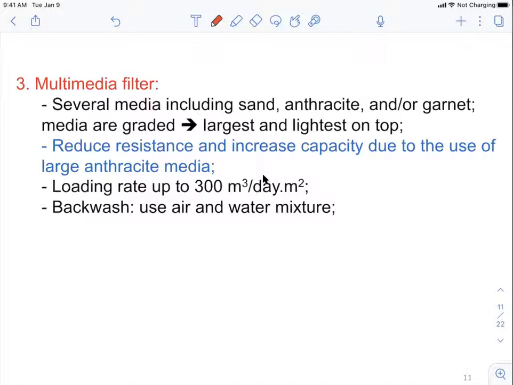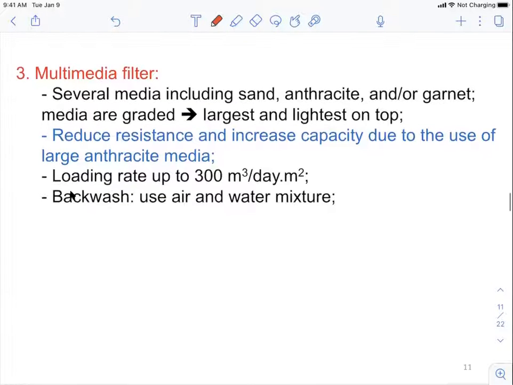So what happens is it's going to reduce the resistance and increase the capacity, because you can use this larger anthracite media. And also because of that, you can now use a comparatively higher loading rate compared to the single media rapid sand filter.